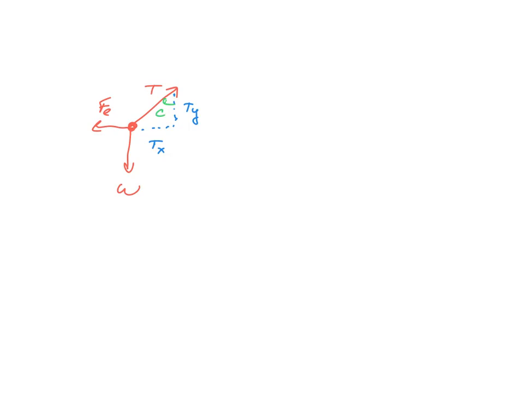Step two is, now that I have this angle, I can use that angle with my knowledge of Ty to solve for Tx. So what do we know about Ty? Here's step two: I want to find Ty, because if I have Ty, I can get Tx as well, right?